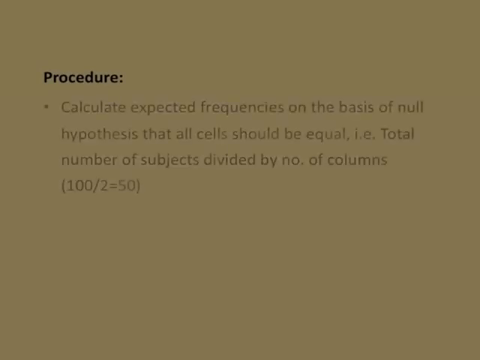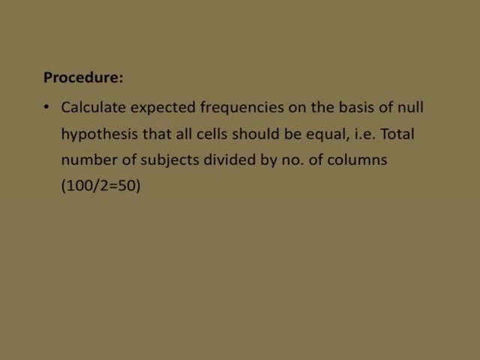The steps to calculate chi-square are: the procedure is to calculate expected frequencies on the basis of null hypothesis that all cells should be equal, that is, total number of subjects divided by number of columns, which is 100 divided by 2 gives us the value 50.